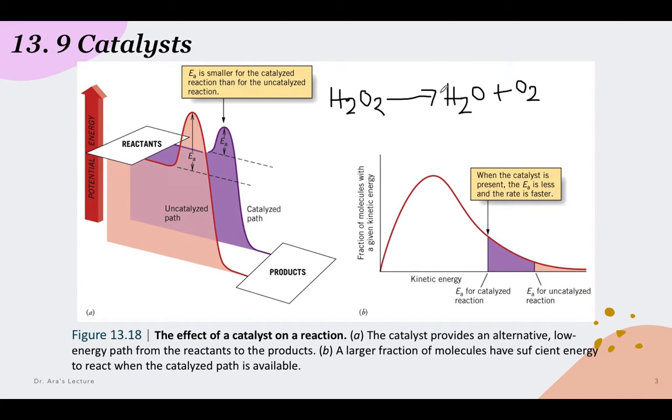If we want to make it balanced, I think I need to add 2 here, 2 to 4, so 2 to 4. So if we put 2 here, yeah, now this reaction is balanced. So this is the overall reaction.